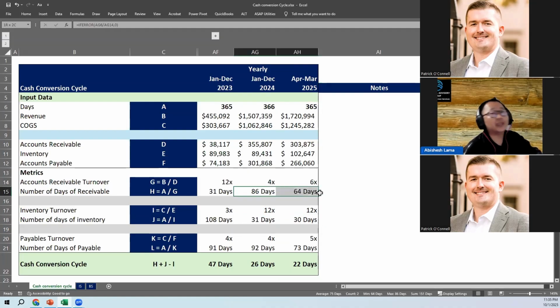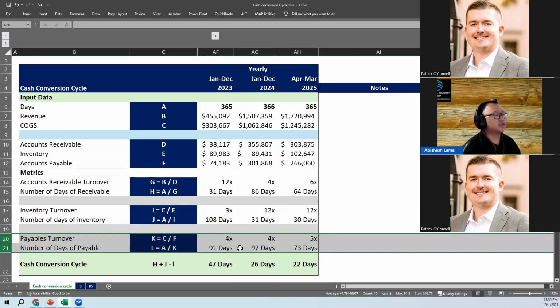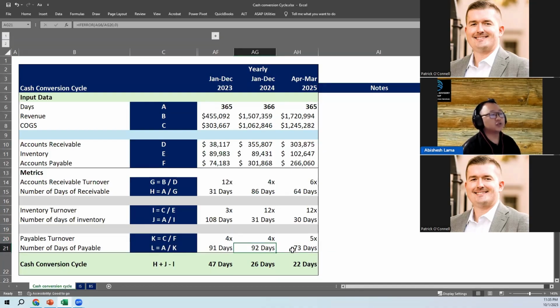However, they have been able to improve their collection cycle from 84 days to 64 days. And in terms of the supplier days, the vendor days, now it is only taking them 73 days to pay their vendors, which is actually high compared to others.